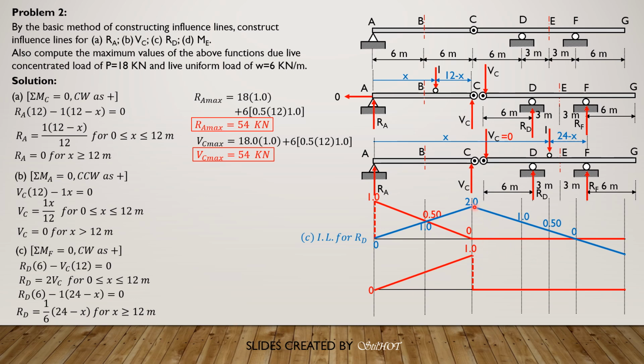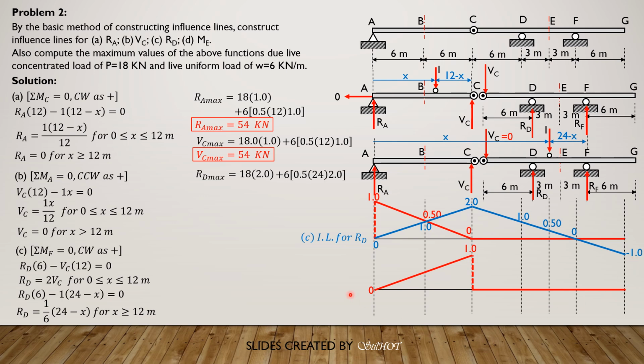So 2, 1, then 0.5 at E. Then when X is 24, it is 0. Then when X is 30, 24 minus 30 divided by 6 is negative 1. So again 2, then 1, then 0.5, 0, then negative 1 here.